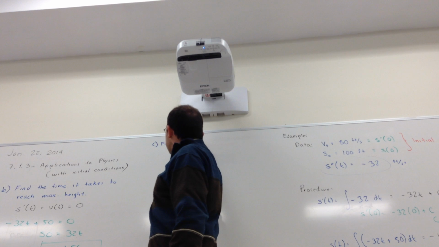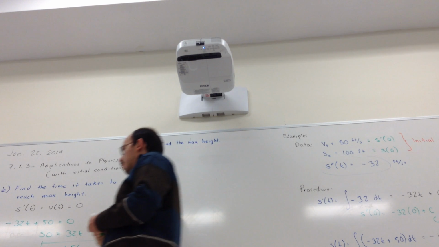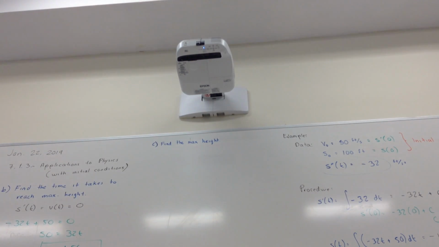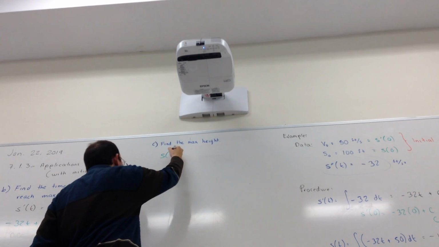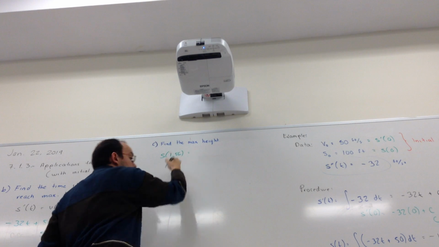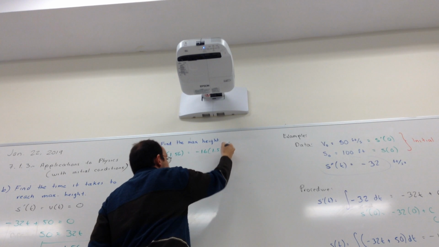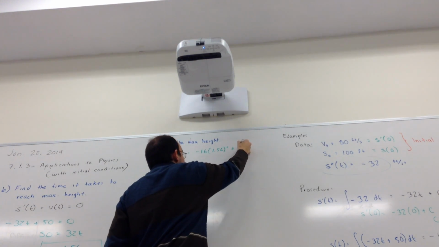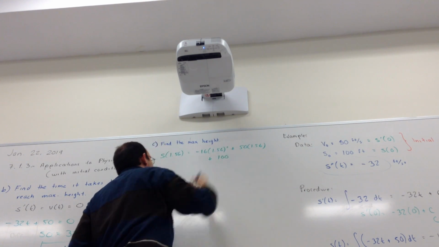Find the maximum height. How do I find the maximum height? Exactly. The position function, which is s of 1.56, will be minus 16 times 1.56 squared plus 50 times 1.56 plus 100.